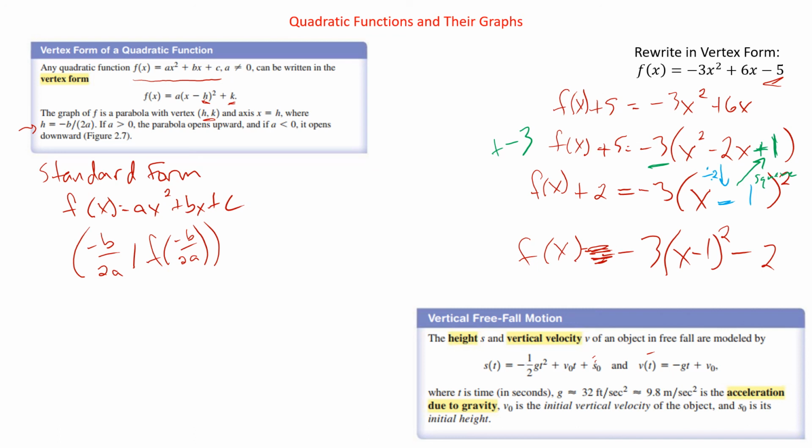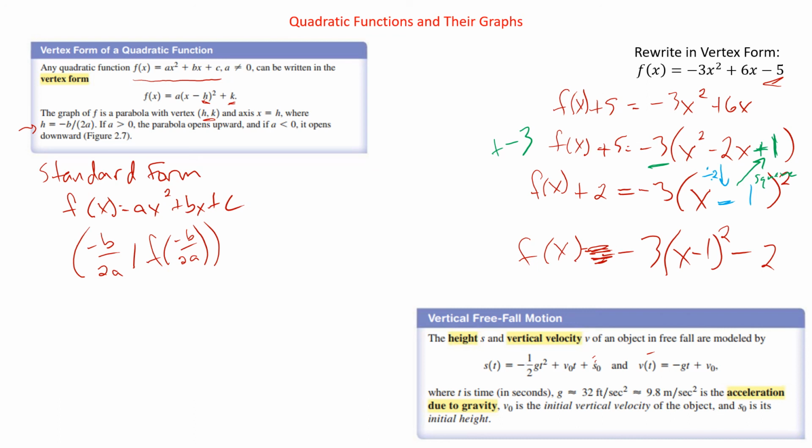So you take an object, you just drop it. This one actually includes initial velocity and initial height, but these are formulas that we use if we have something that's being like thrown or kicked, something where gravity is affecting them.